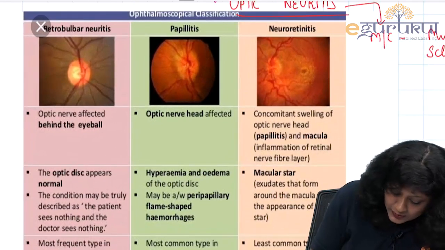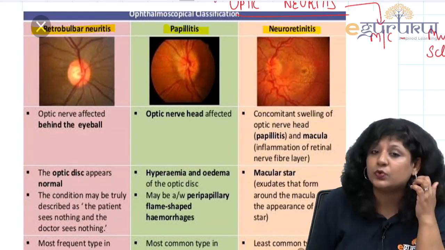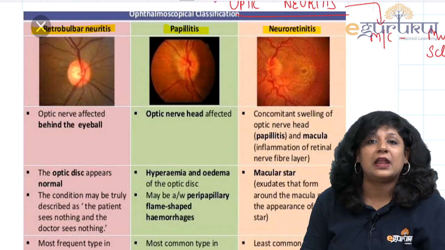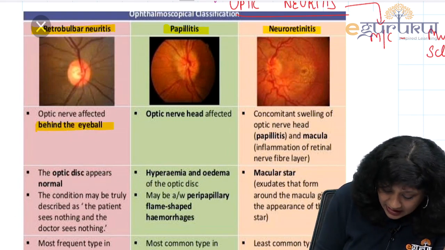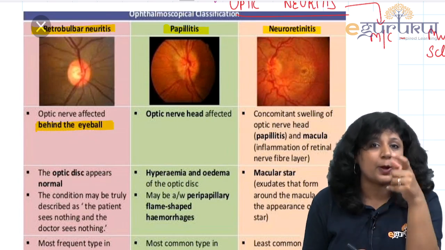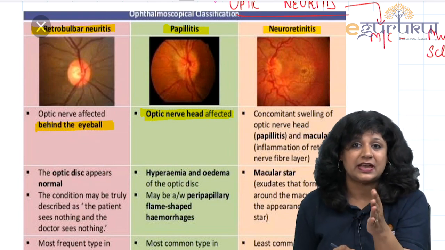One is retrobulbar neuritis, second is papillitis, and third is neuroretinitis. Retrobulbar obviously means the part of the eye behind the eyeball. Papilla means the optic nerve head. So here the optic nerve head is affected, and third is neuroretinitis.